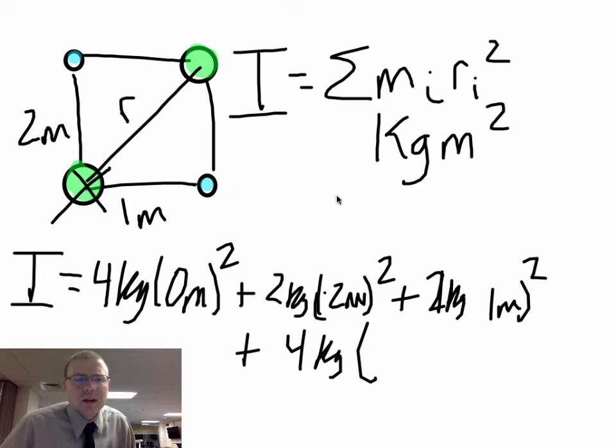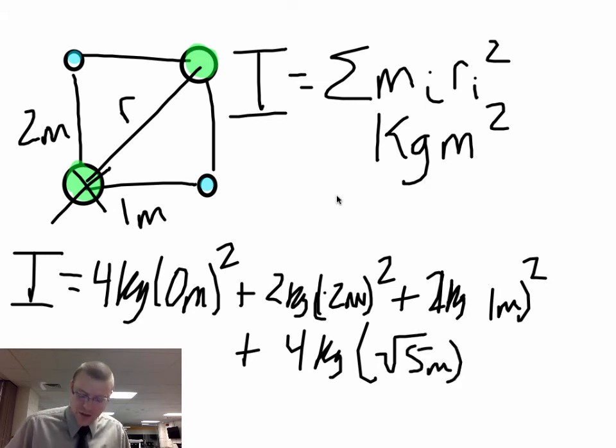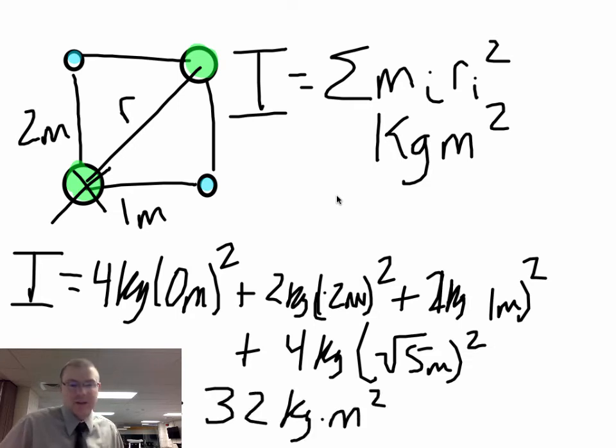So that's 2 squared plus 1 squared, that's the square root of 5 distance away, the square root of 5 meters squared. So now going through and crunching through all our moments of inertia there, you should get a final moment of inertia of 32 kilograms meters squared.